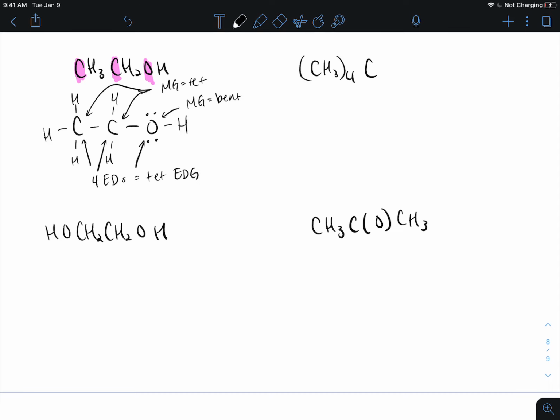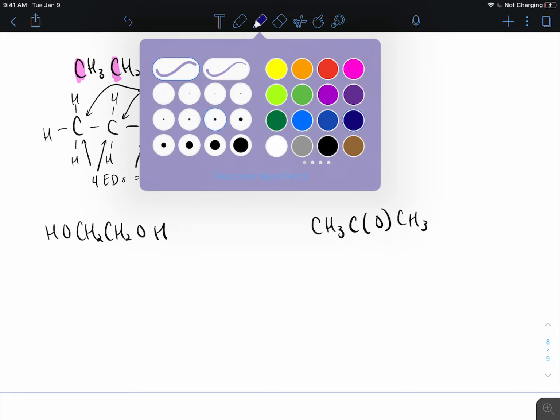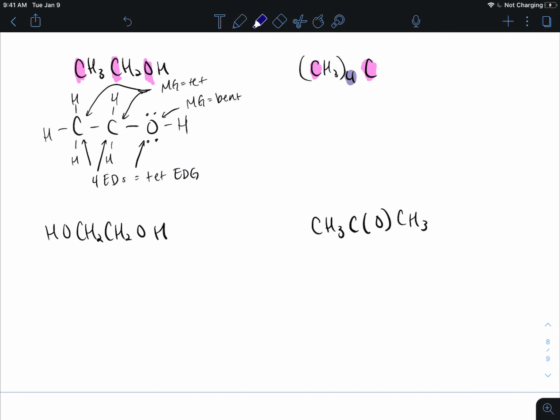Next one, we've got this carbon, and it's going to be attached to this carbon. But make note that there is this 4 right here. That means that there are 4 of these CH3 groups that are surrounding this central carbon right here. So 1 carbon with 4 CH3 groups around it, like so, and then add in those hydrogens.